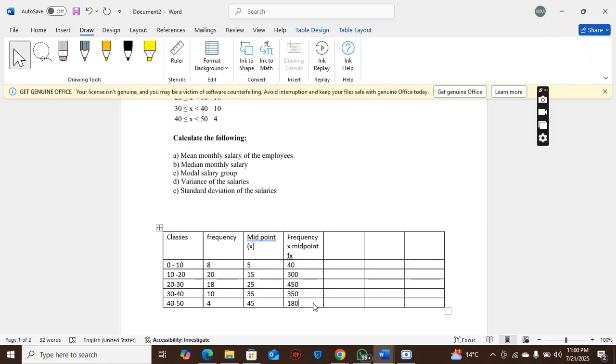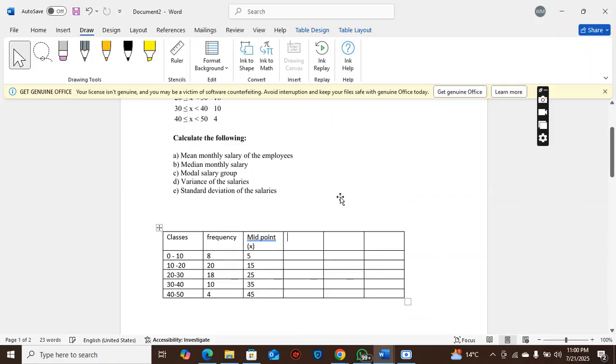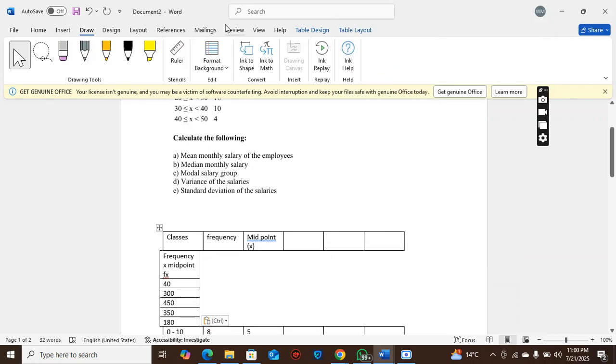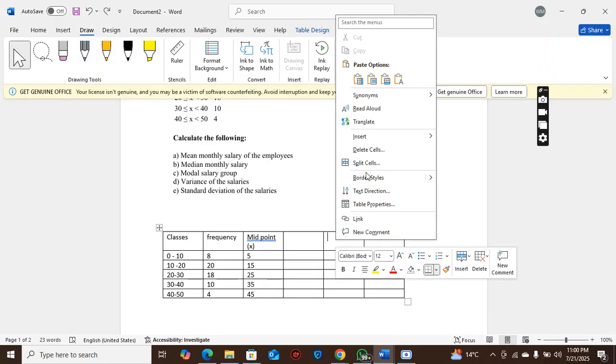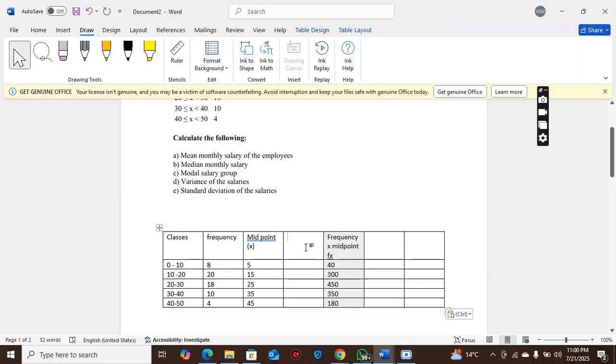So if you wanted to, you could have brought midpoint squared after midpoint. Maybe here let's put it next. It's looking good. You won't be penalized if you put the other column before the other one. Yeah, midpoint squared.